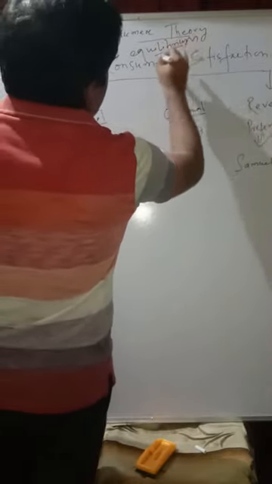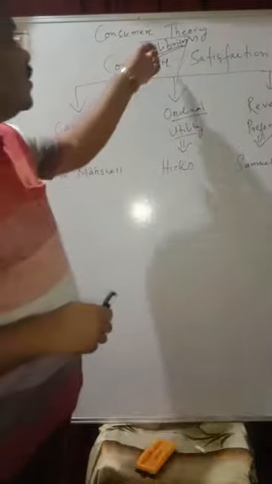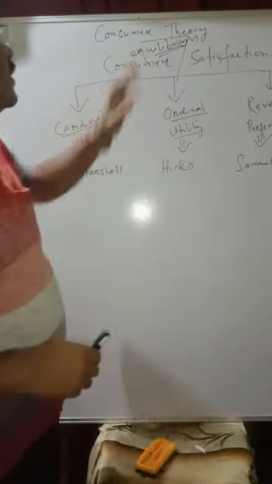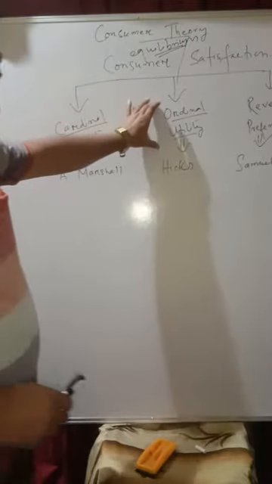To derive consumer's equilibrium, that is the point where the consumer is attaining maximum level of satisfaction given his income and prices of the commodity. To derive it, we can have our cardinal utility approach, our ordinal utility approach, or our revealed preference approach.